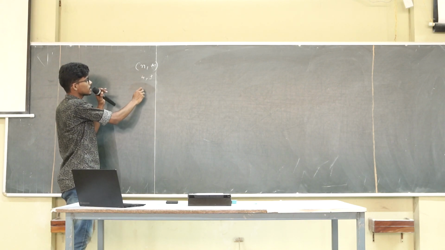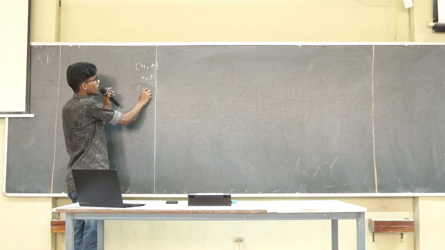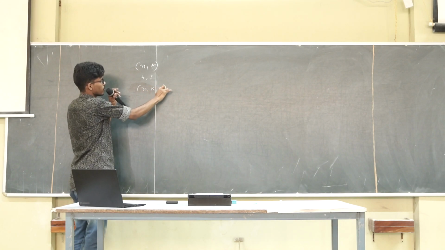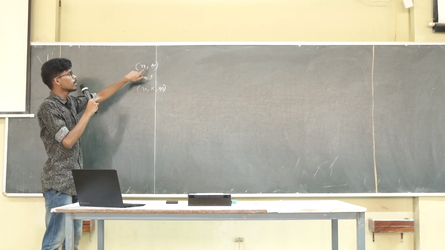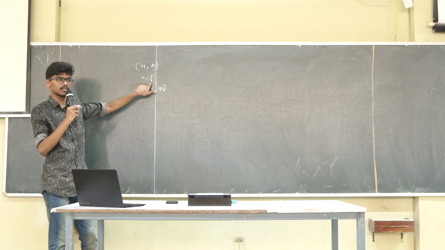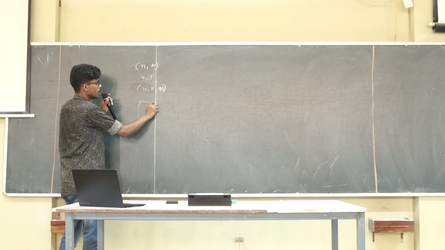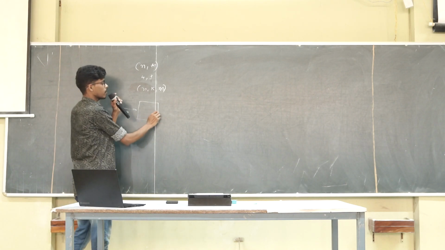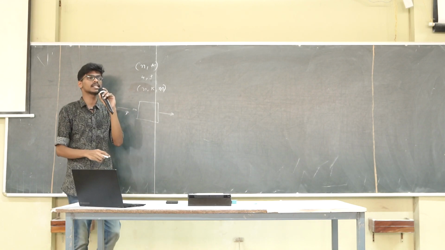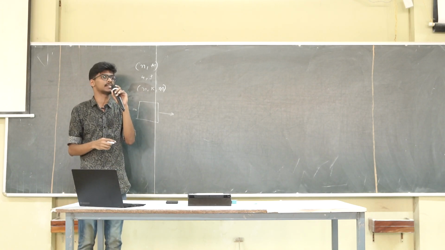And for CBC, it is n comma k comma m. This was the representation, right? So here the input number of bits is fixed. We can only feed to the system 3 bits at a time, and we will get 4 bits. That's how we learned LBC and CBC.